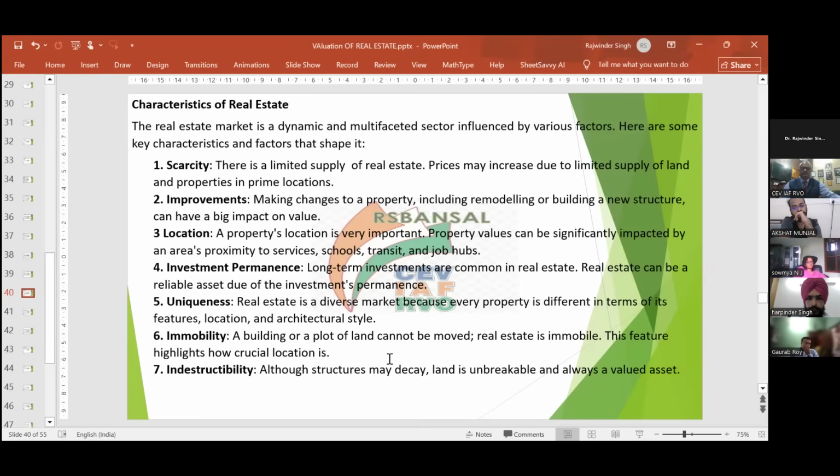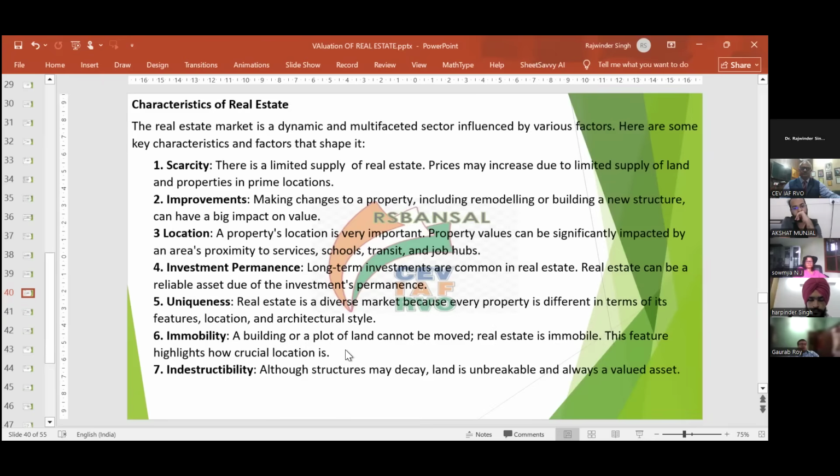Then uniqueness. This is not found in other types of assets. You may have similar types of machines, exactly similar machines. You may have similar cars of a brand, but you cannot have exactly similar buildings, two similar buildings.